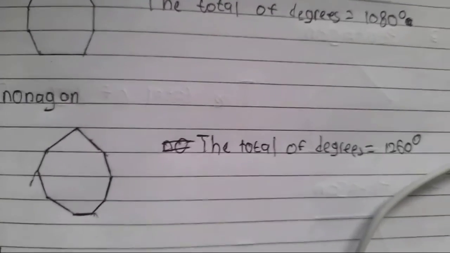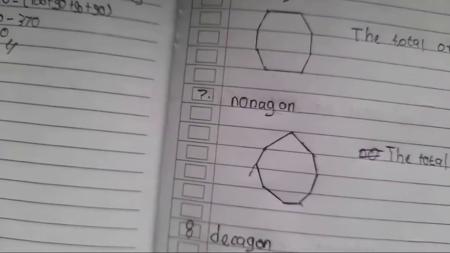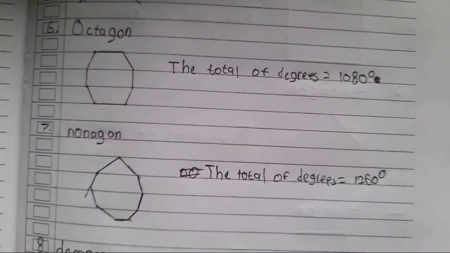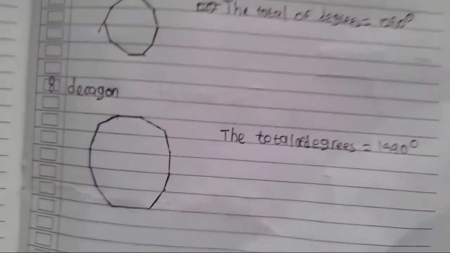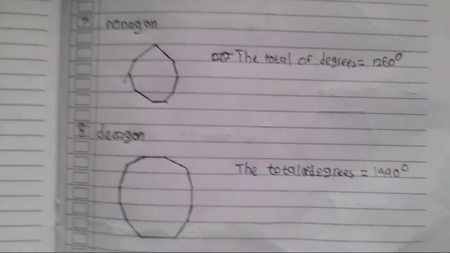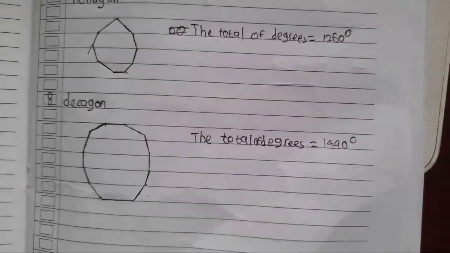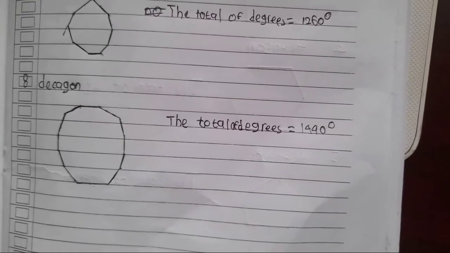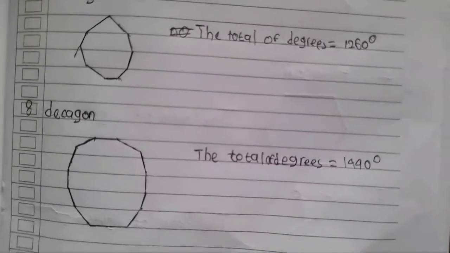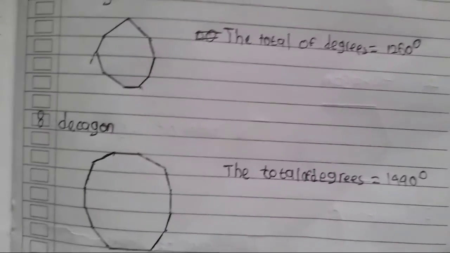And the seventh, nonagon. The total of degrees of a nonagon is 1260 degrees. And the eighth is the decagon. The total degrees of a decagon is 1440 degrees.